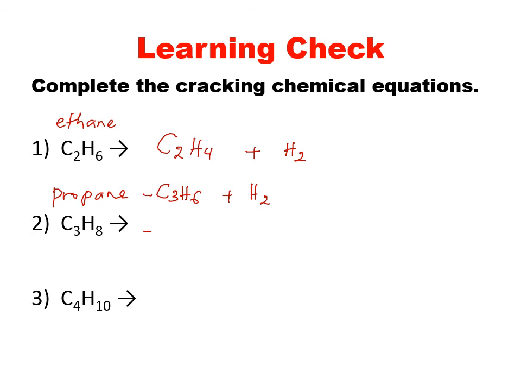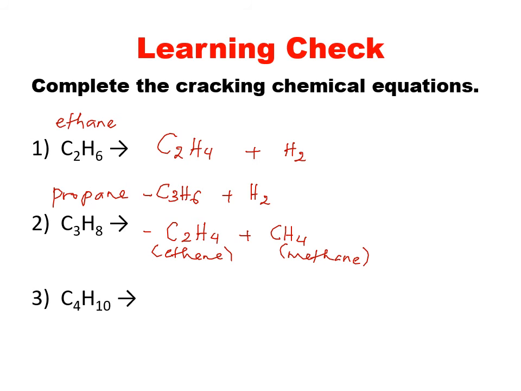You can, for example, get the ethene, C2H4, and then when you do the subtraction, C3 minus C2, you will get C only, and H8 minus H4, you will get H4. So in this case, you will have ethene plus methane.